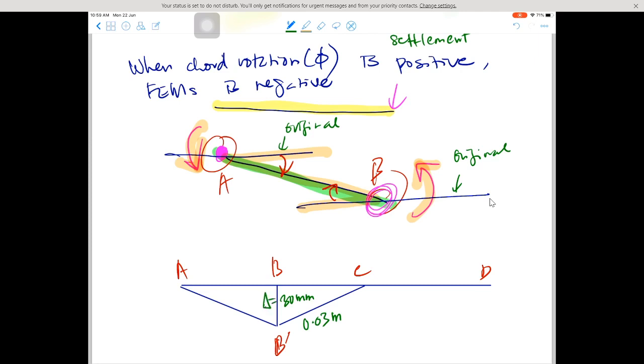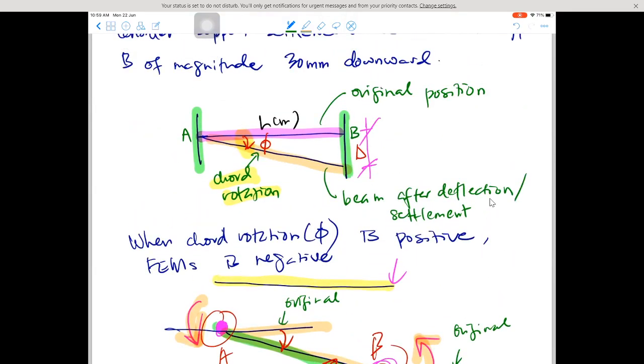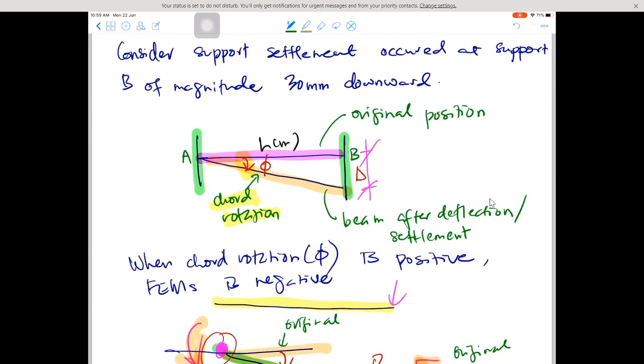Okay, for the formula, here the moment is like this and like this. And the formula is 6EI delta over L squared.